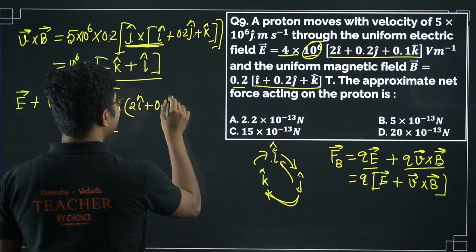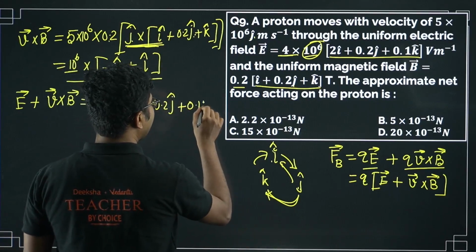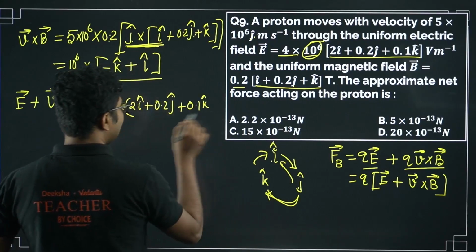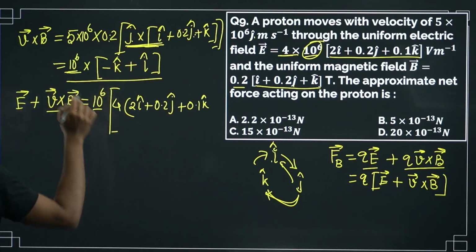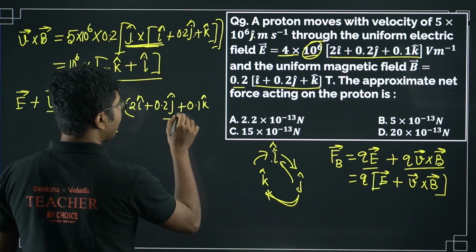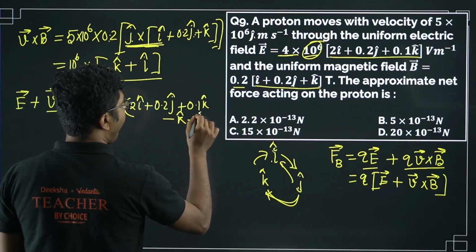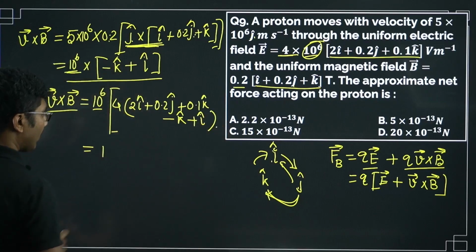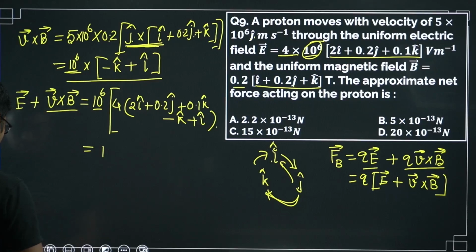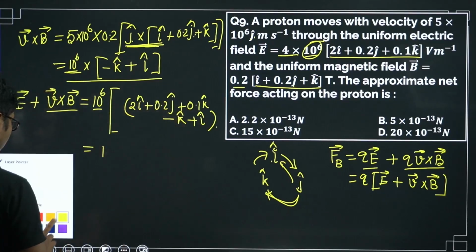This is slightly lengthy question but not super difficult. Plus 0.1 k cap. Okay, plus V cross B, this is common here, so we can simply add minus k cap, okay, plus I cap. Okay, so you will get, sorry, one mistake I made here. This 4 will be multiplied inside.